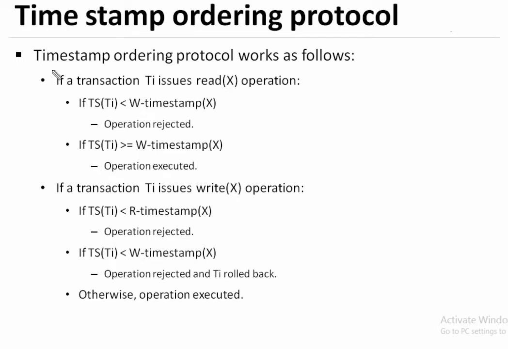Here we have the timestamp ordering protocol, which works as follows. If a transaction Ti issues a read operation on data item X, and if the timestamp of Ti is less than the write timestamp of the data item X, then the operation should be rejected. If the timestamp of Ti is greater than or equal to the write timestamp of X, then the operation should be executed.